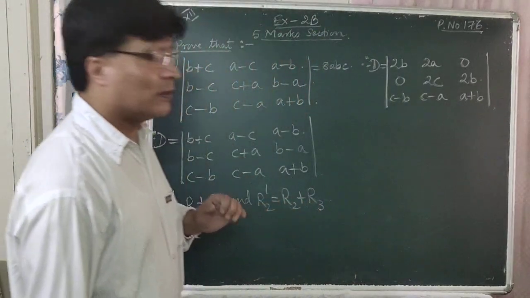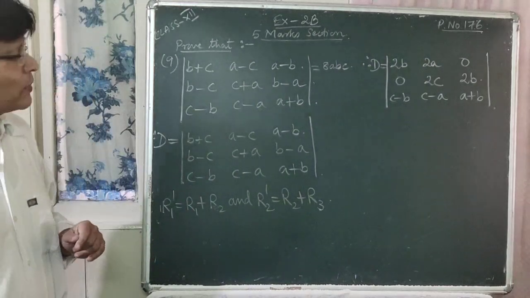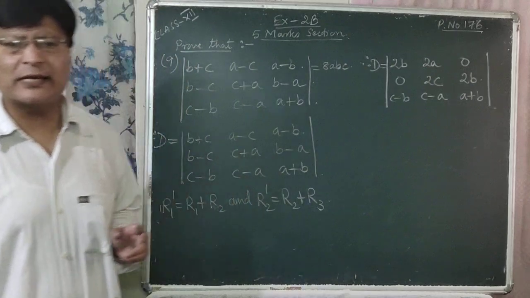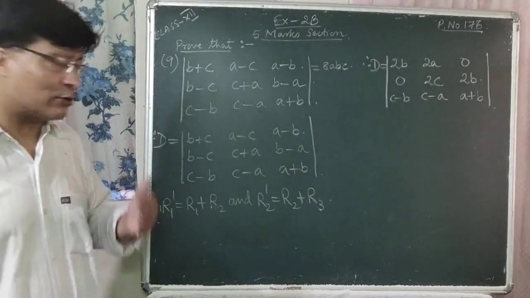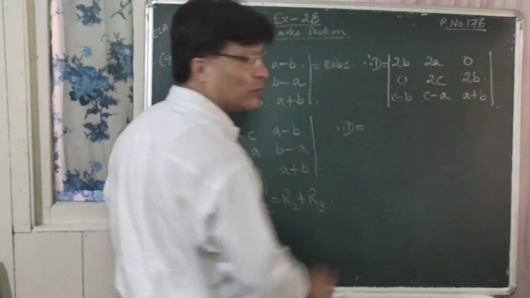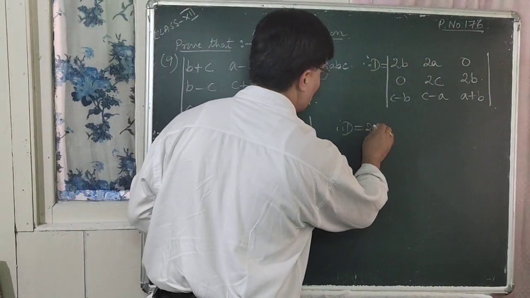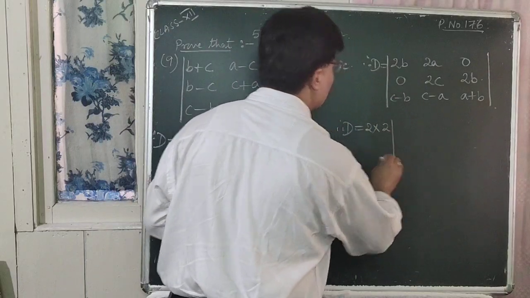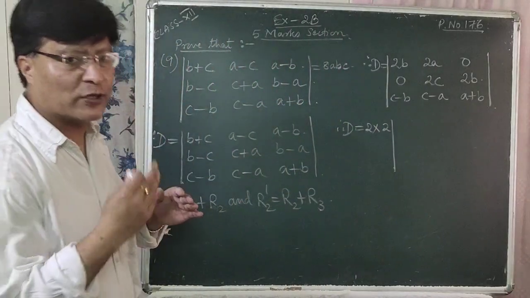Next, what will you do? There is a common factor there. In the first row 2 is common, in the second row also 2 is common, you can take it outside. Therefore D is equal to 2 into 2 times the determinant. What is the new first row?